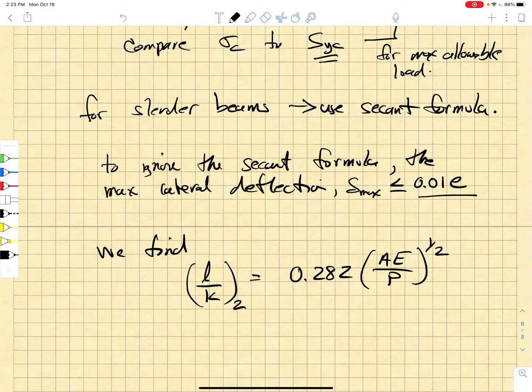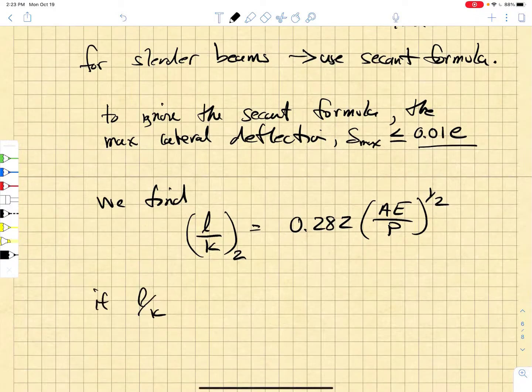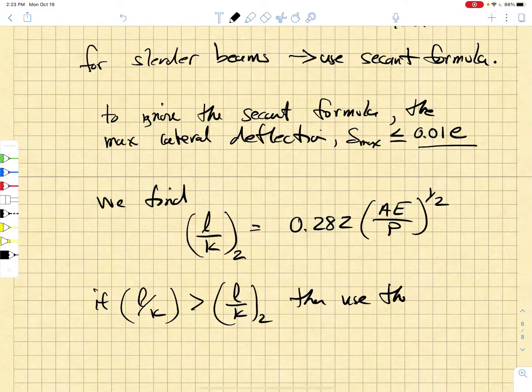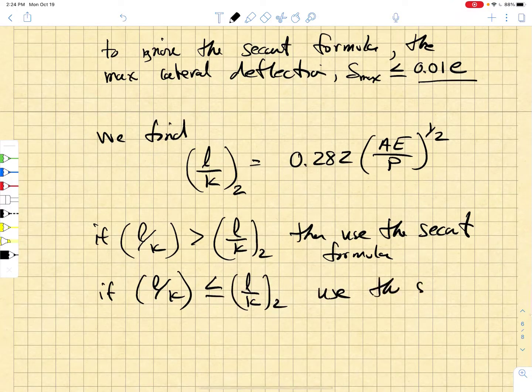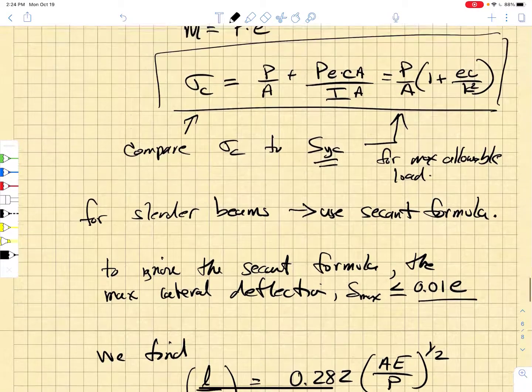So this gives the slenderness ratio for a strut, so you can simply ignore using the secant formula. So if L/K is greater than L/K2, then use the secant formula. If L/K is less than or equal to L/K2, use the simple axial plus bending stress formula given right up here.